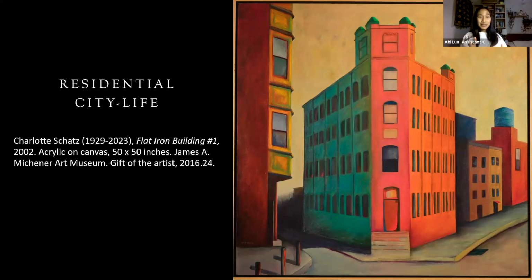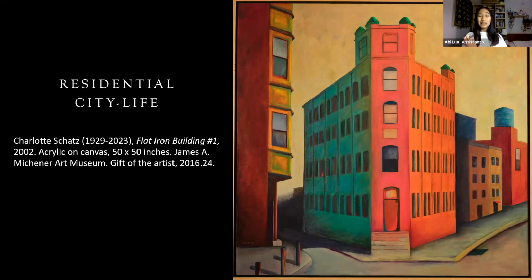Now I want to pivot to thinking about how Schatz and other artists depicted non-industrial sites, really thinking about what city life looks like on a residential level. Featured here is Flatiron Building #1. This is in our permanent collection. When I saw this painting, I thought this was the Flatiron Building that's really famous in New York.